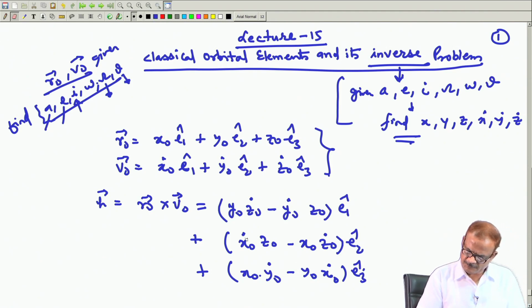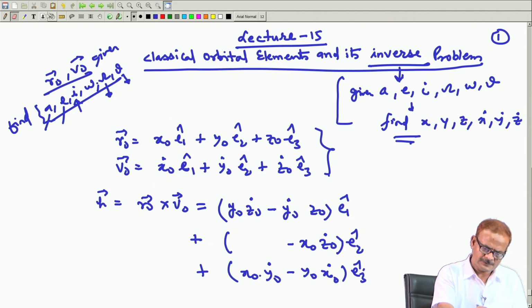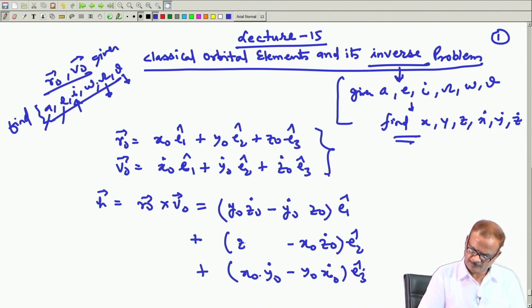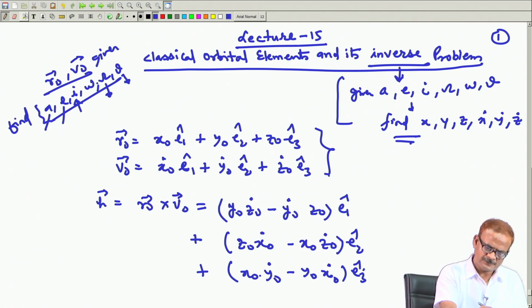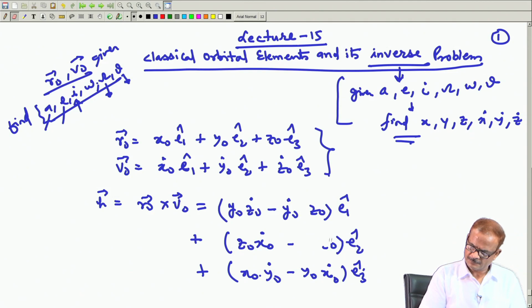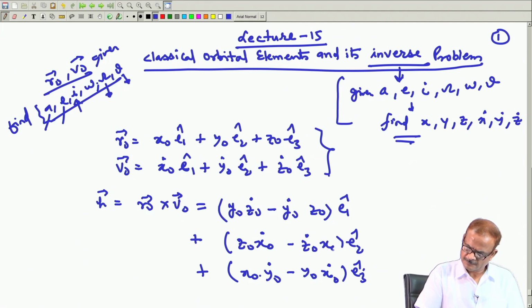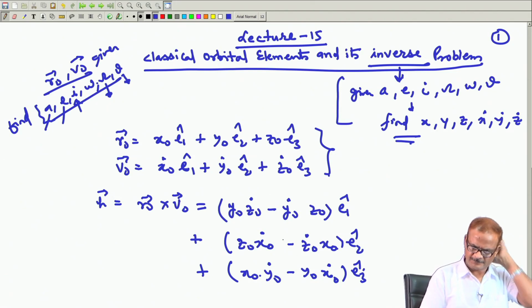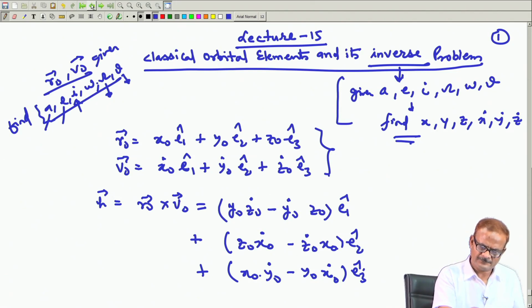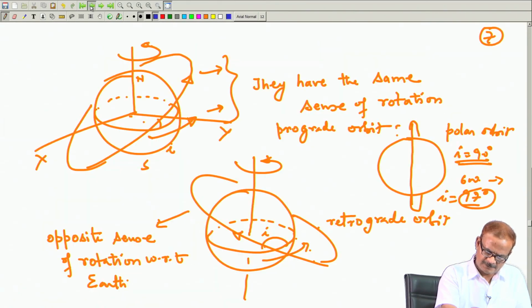We will write in a proper sequence. This is z 0 times x 0 dot minus z 0 dot times x 0. The same sequence we are following. Whatever I have written here, I will verify with our earlier derivation.